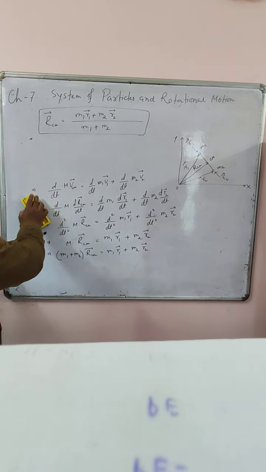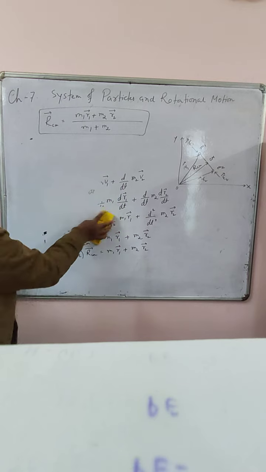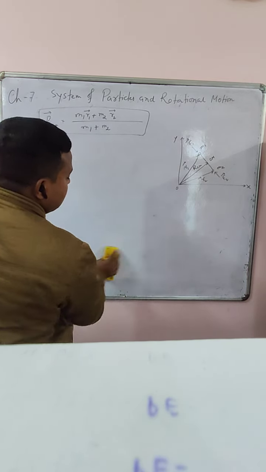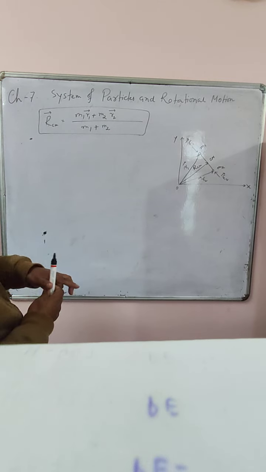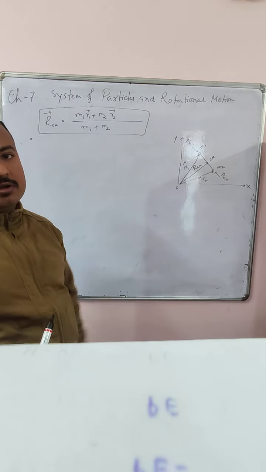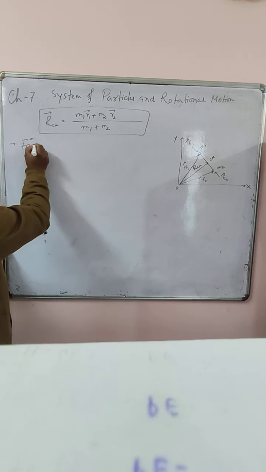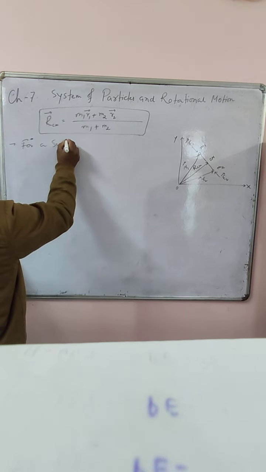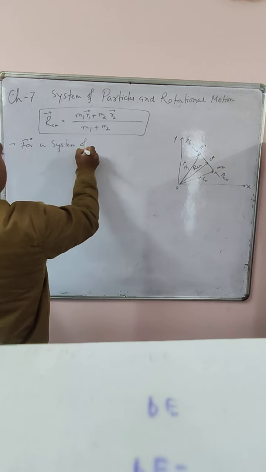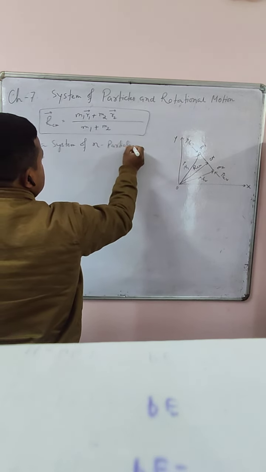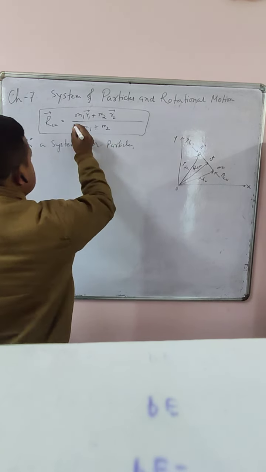Now this is the position vector of center of mass of a two particle system. We are considering two particles, m1 and m2. Now we can extend this relation for a system of n particles. How can we write it?